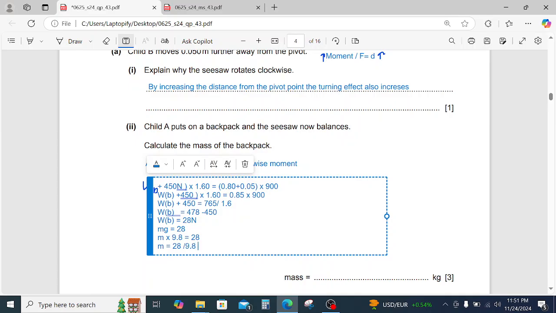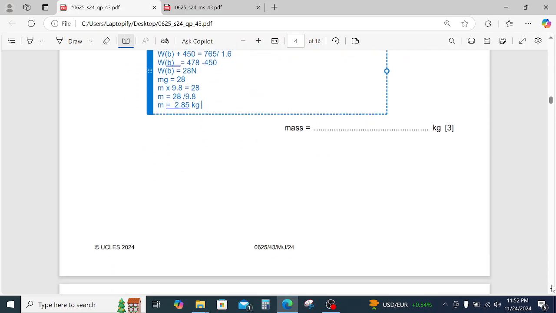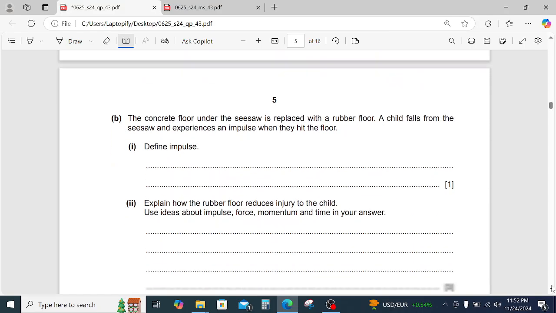We will get the answer 2.85 kilogram. In this way you have to complete your question. The mass of your bag is 2.85. Now move towards the next question.